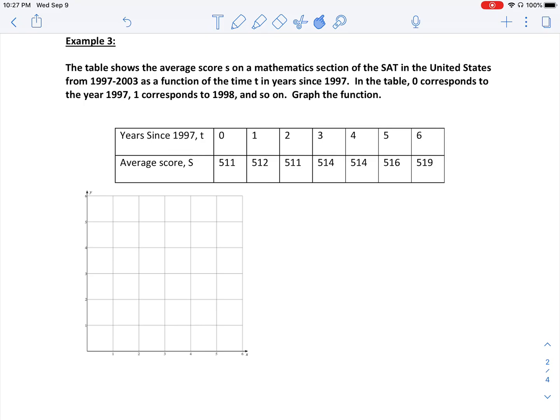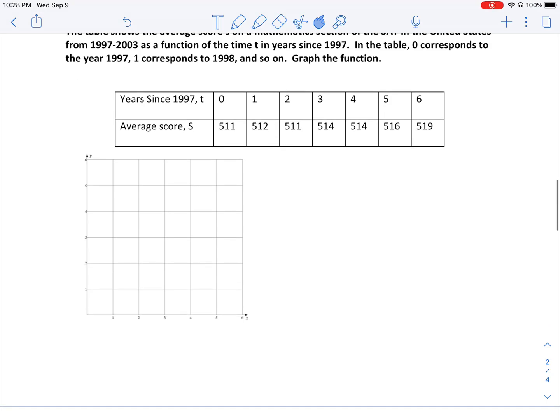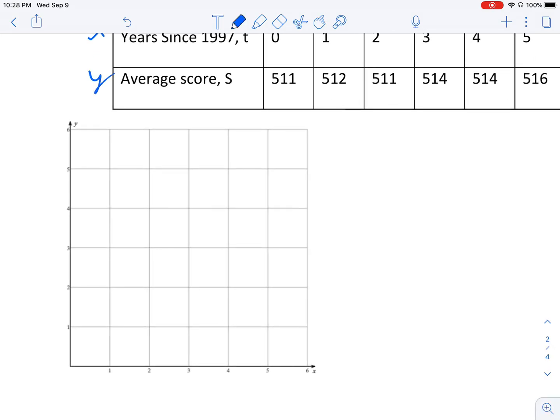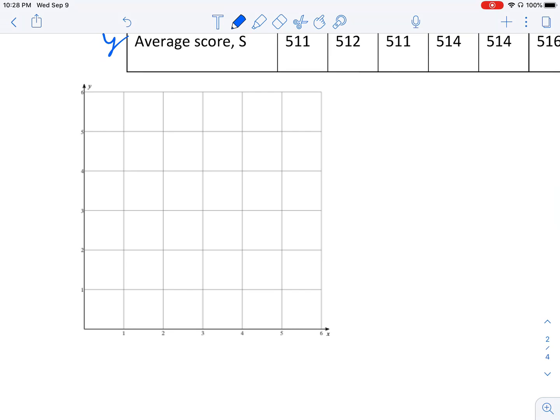All right. Well, before we do all that, it's important that we know when you have a scale like this, we need to set this up. So we have 0, 1, 2, 3, 4, 5, 6 on the x-axis, and then the scores will be my y. The x-axis is okay, right?